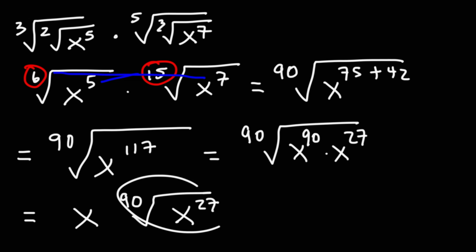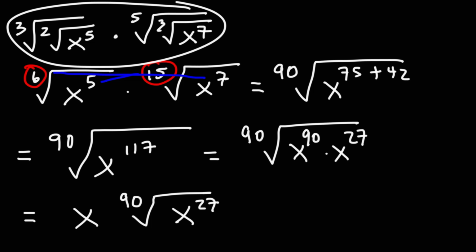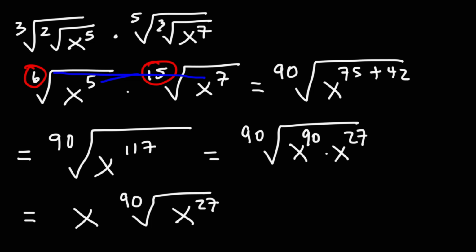Now this has to be positive. However, because the original problem can be negative, the final answer should be able to be negative. So I'm not going to put an absolute value symbol here because this term can be negative. So I'm going to leave the answer as x times the 90th root of x to the 27.